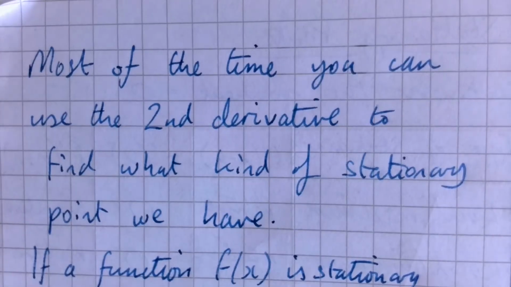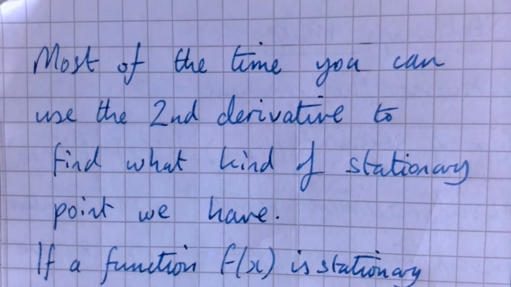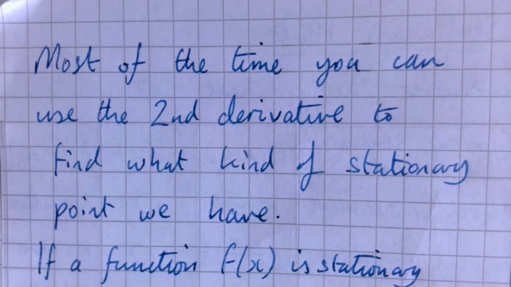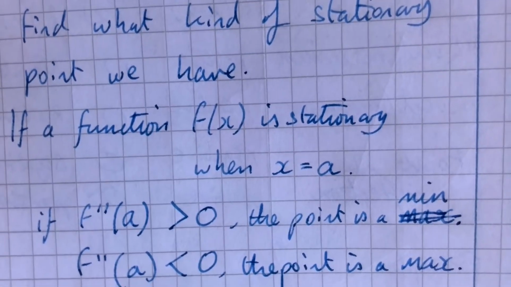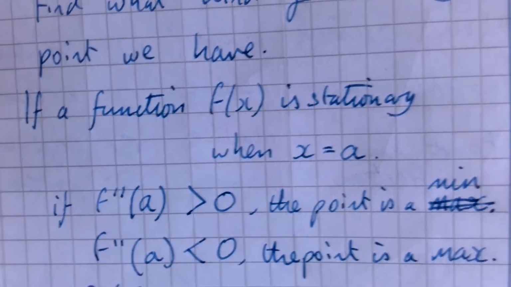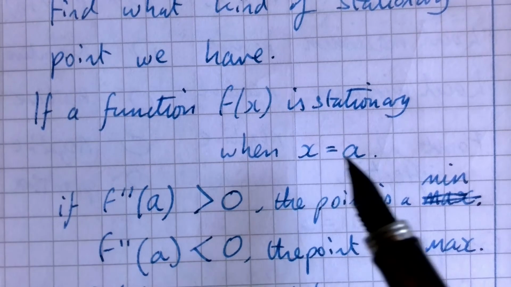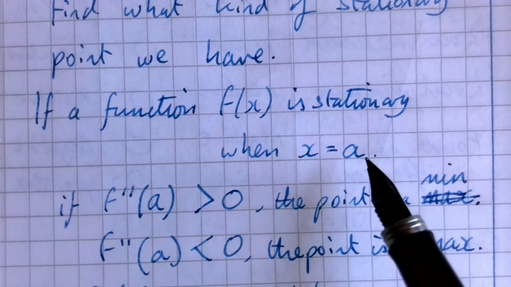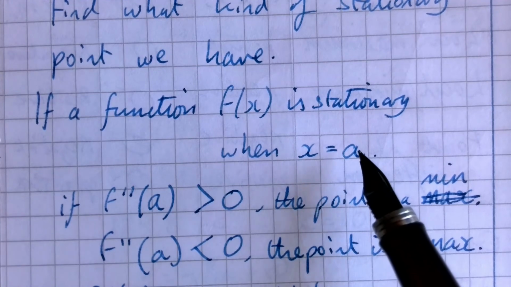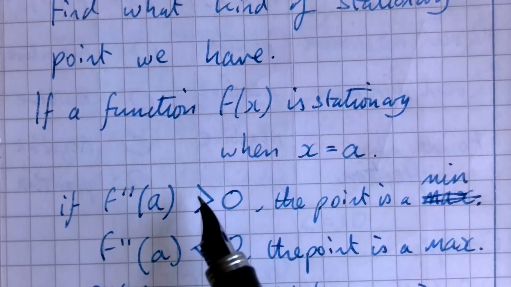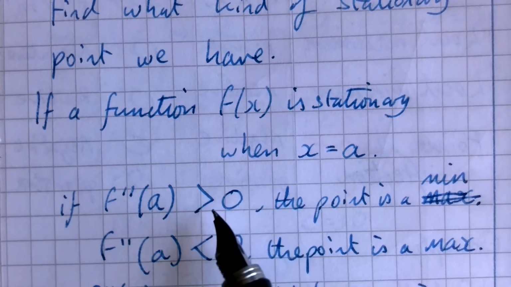Right, I'd like you to make some notes on this. Most of the time you can use the second derivative, what we were doing yesterday, to find what kind of stationary point we have. Now this is where it gets confusing. A function is stationary when x equals a, so once we know the stationary point, we substitute the x coordinate into the second derivative.